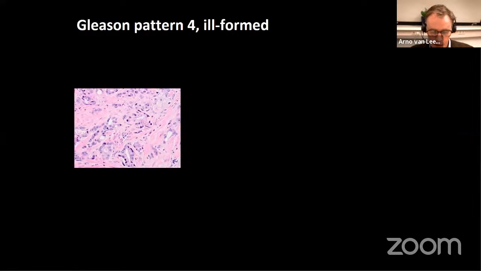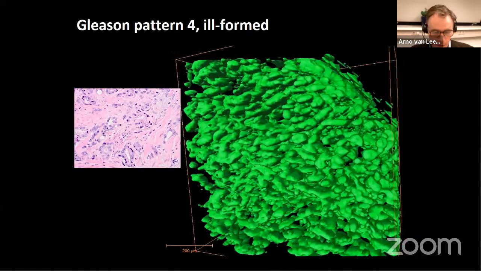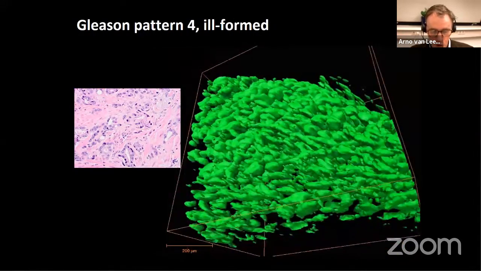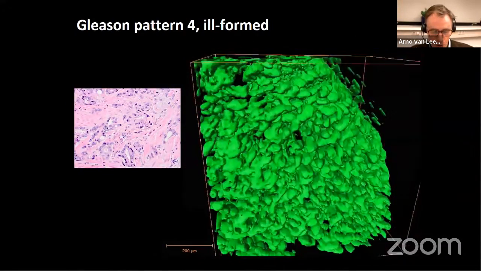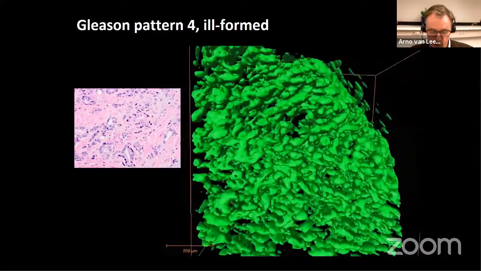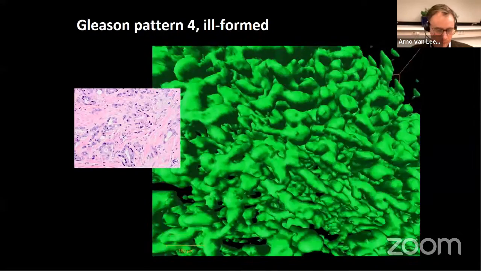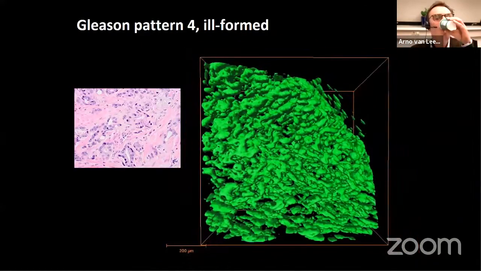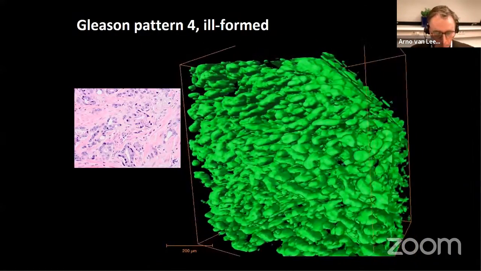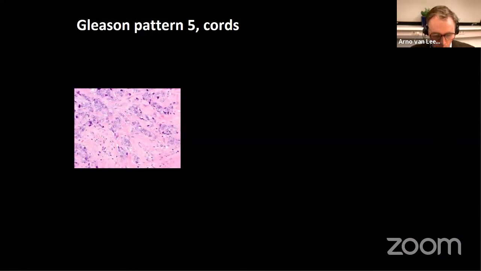We have already seen ill-defined Gleason pattern 4 prostate cancer. It is also composed of a tubular network, but the diameter of the tubules is smaller and the tubules branch and interconnect more frequently. And what about Gleason pattern 5 growing in cords?